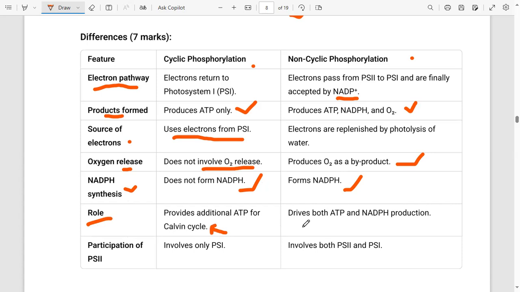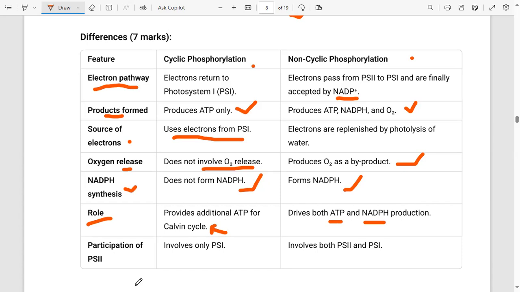In the non-cyclic phosphorylation, the role is to drive both the ATP and the NADPH production, whereas in the cyclic it is just the ATP, so that they can be used in the Calvin cycle.